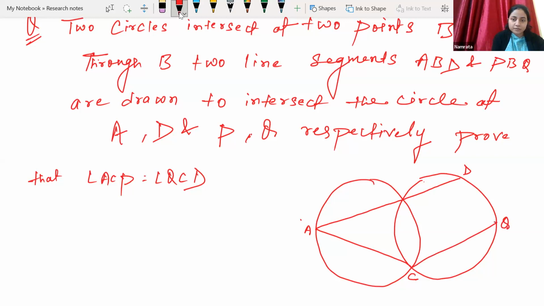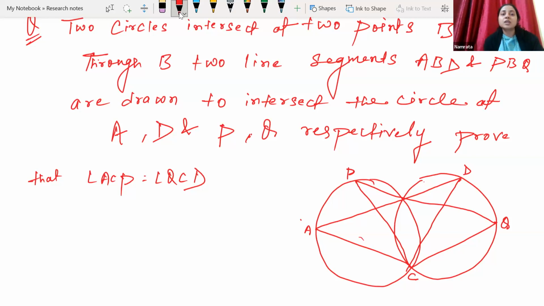Here QP. Then PC. Like this. And this one is also joined. Okay. So I'm not drawing the figure by myself. The figure is already given in the question.